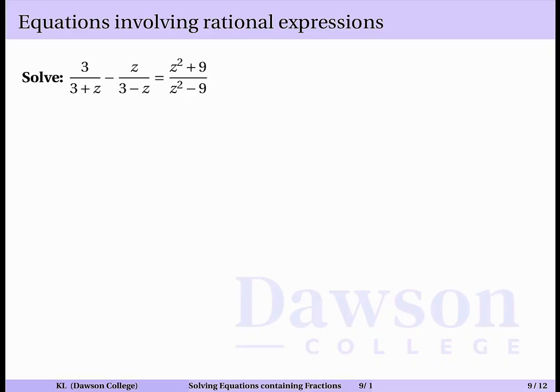If we combine these two into a single fraction, we will have in here (3 plus z)(3 minus z), and then in the numerator you will have 3 times (3 minus z) minus z times (3 plus z). The other side you will have z squared plus 9 divided by z squared minus 9.